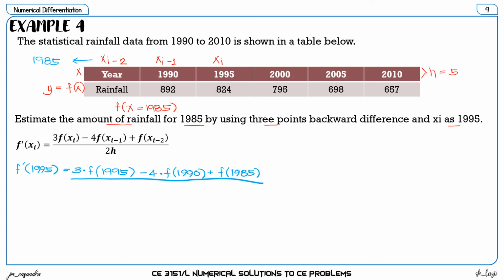We divide this by 2 times h, which is 5.